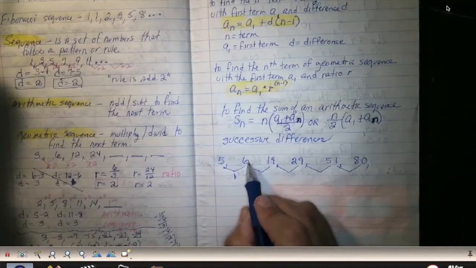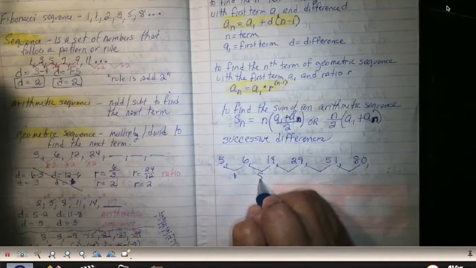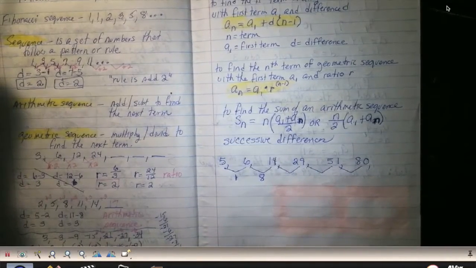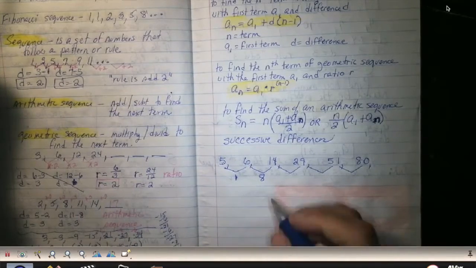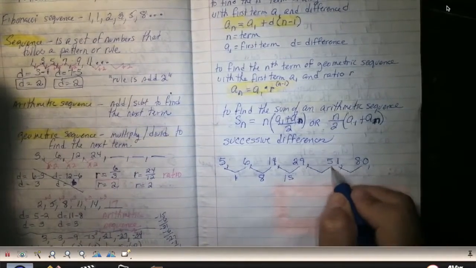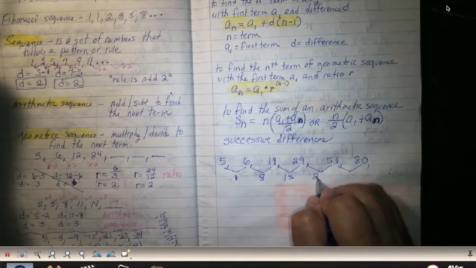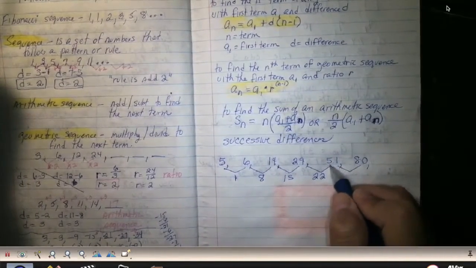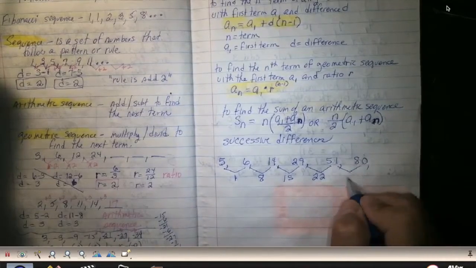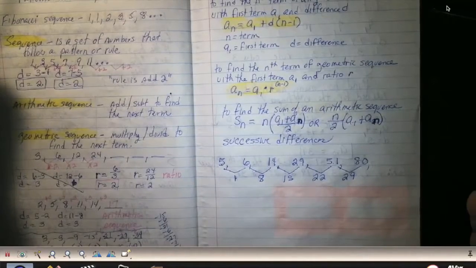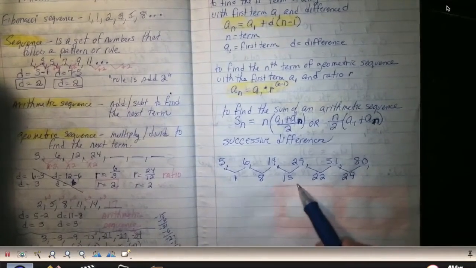So 14 minus 6 is 8. 29 minus 14 is 15. 51 minus 29 and 80 minus 51. Well, that's not an arithmetic sequence. It's not, because look, I have different numbers.